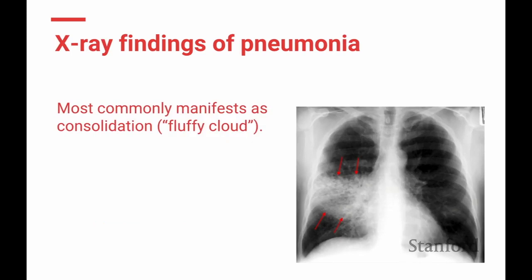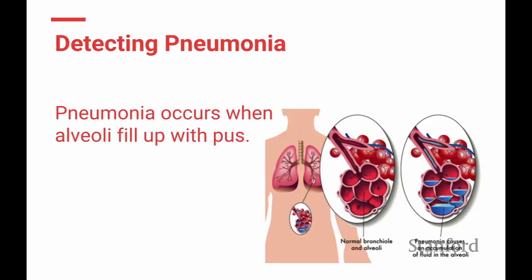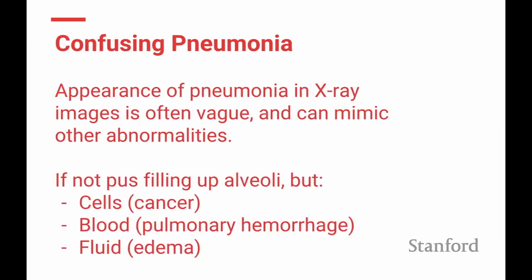And here's what characteristically pneumonia looks like, a fluffy cloud. But this is an oversimplification, of course, because pneumonia is when the alveoli fill up with pus, but the alveoli can fill up with a lot of other things as well, which lead to very different interpretations and diagnoses for the patients and treatment for the patient. So it's quite confusing, which is why radiologists train for years to be able to do this.